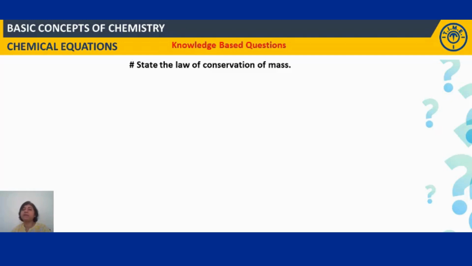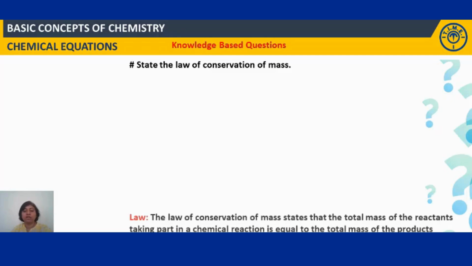So in terms of a chemical reaction, if we state the law of conservation of mass, then we should say that the total mass of the reactants must always be equal to the total mass of the products. That's the reason we are balancing chemical equations also. Okay, so let's see that. Let's see the answer and we will highlight the key points also. Fine. So the law of conservation of mass states that the total mass of the reactants taking part in a chemical reaction is equal to the total mass of the products.